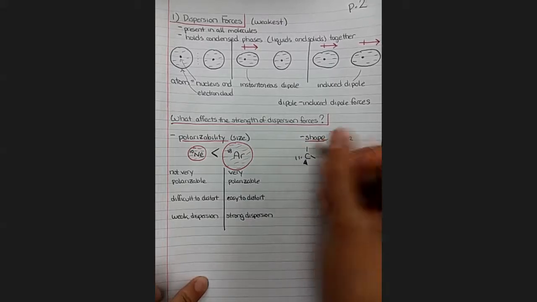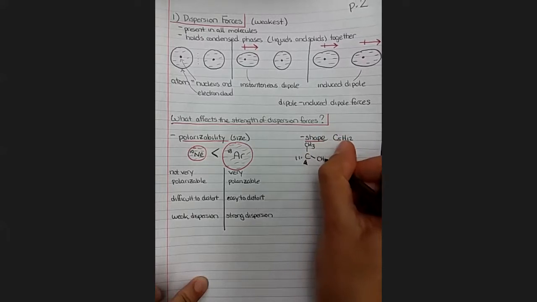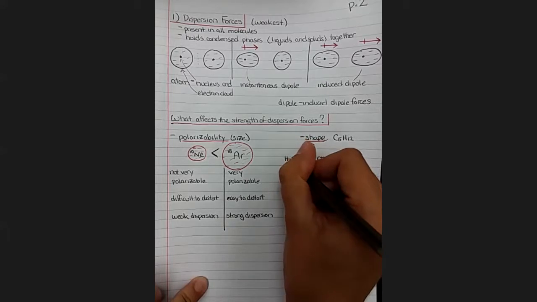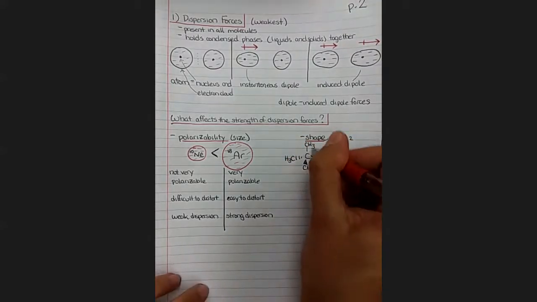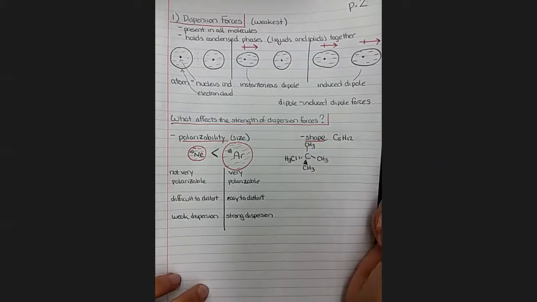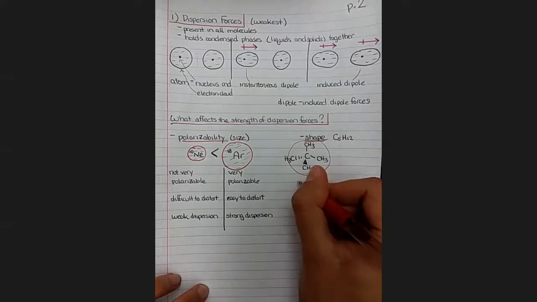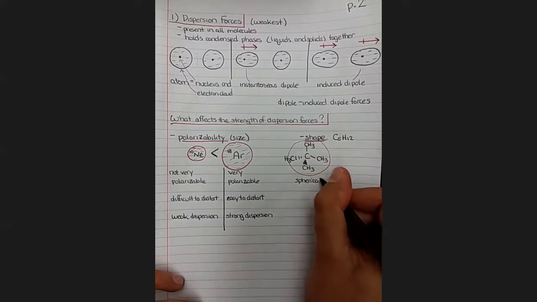It has a tetrahedral connection. If we were to describe this shape, we can see that there's a carbon in the center and branches all around the outside. It looks kind of like a circle. So we could say this shape is roughly spherical, sort of.